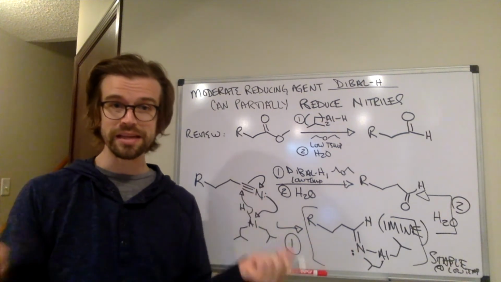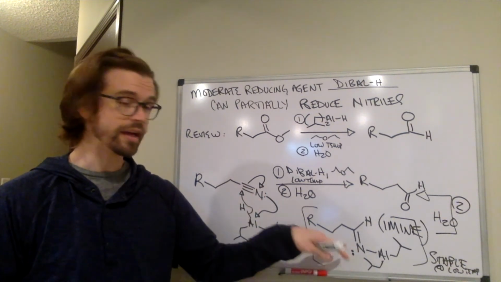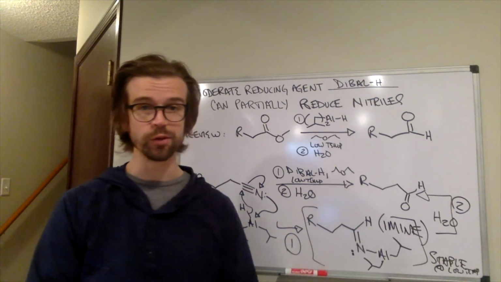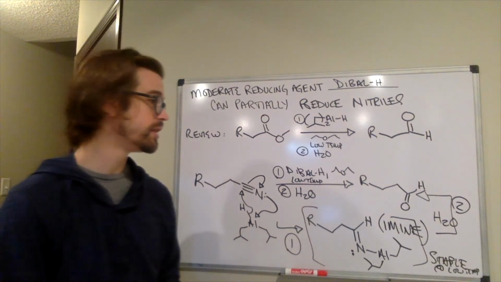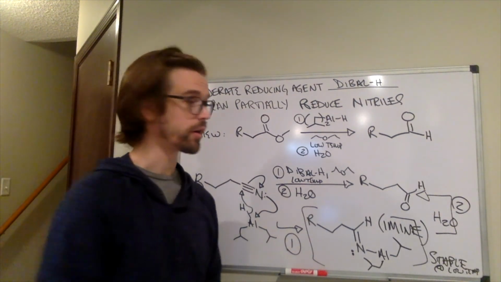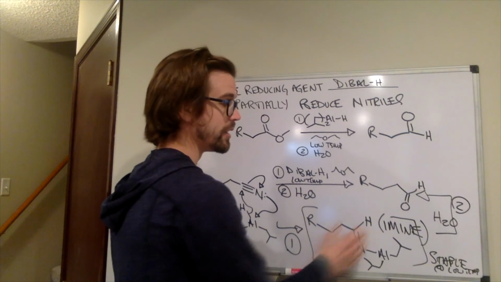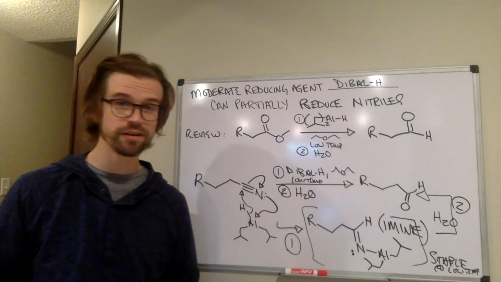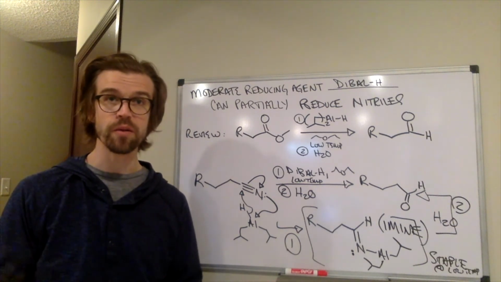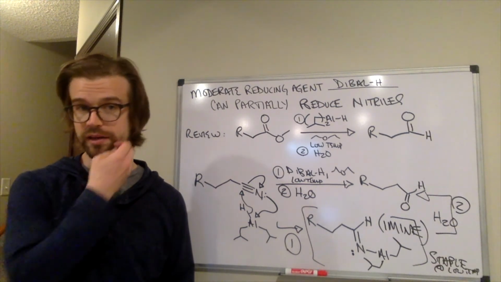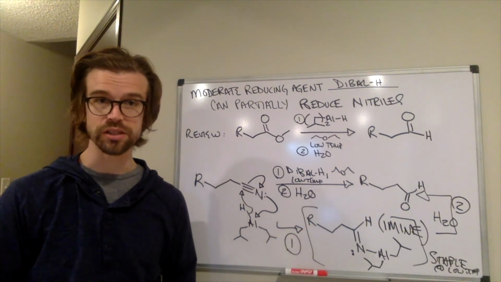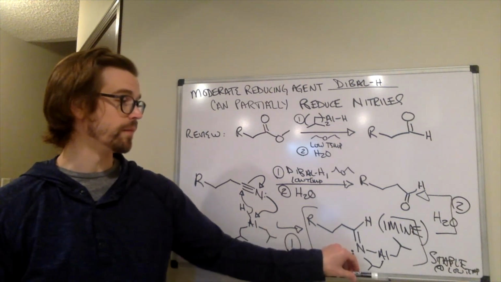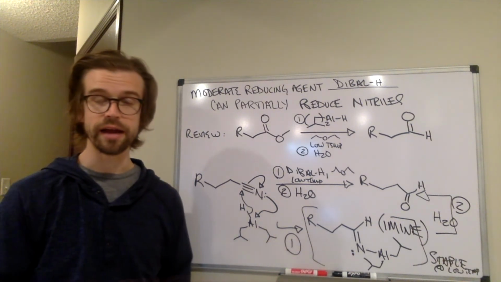That's kind of like the intermediate in the reaction, because we can't really isolate that species. We have to add water during that workup to get rid of all the aluminum salts. And in that process, if we do add water, it is going to hydrolyze that imine to the aldehyde. If we wanted the imine, we can then just add a lot of the amine, the primary amine, to that in a subsequent reaction to form that imine. But what is going to happen here is we are going to have the aldehyde as the final product.